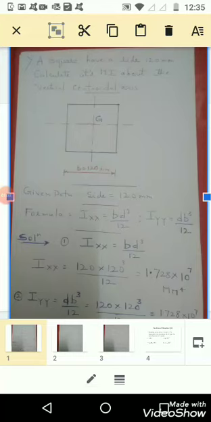Ixx is equal to bd cube by 12. Iyy is equal to db cube by 12. Ixx is equal to 120 into 120 cube divided by 12, which is equal to 1.728 into 10 raised to 7.